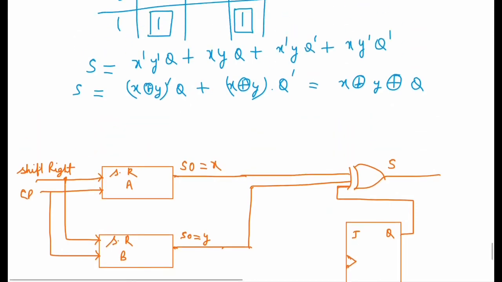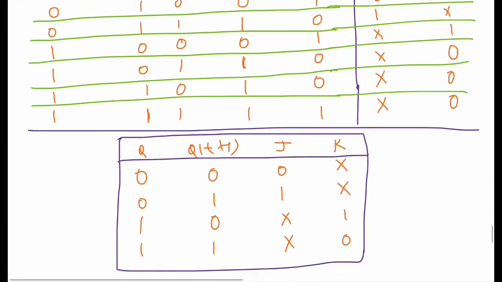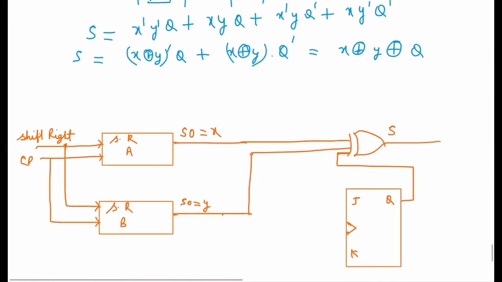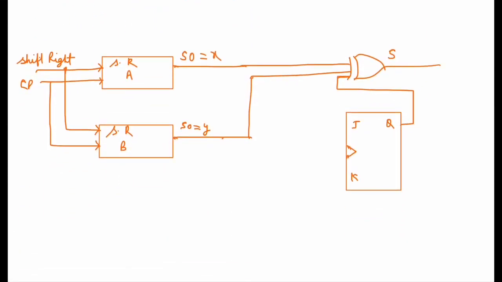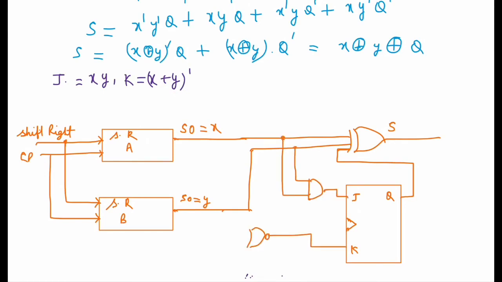We will find the expressions for the J input and K input using a K-map again. If we find them, then J equals XY, and the K input of the JK flip flop equals the expression shown, so the input here is the K input of the flip flop.